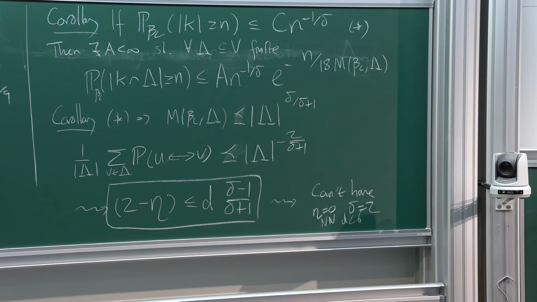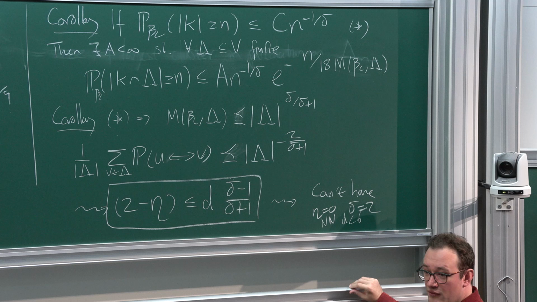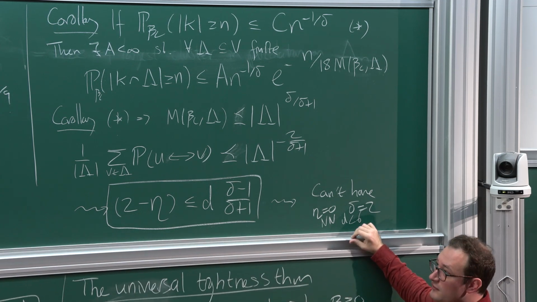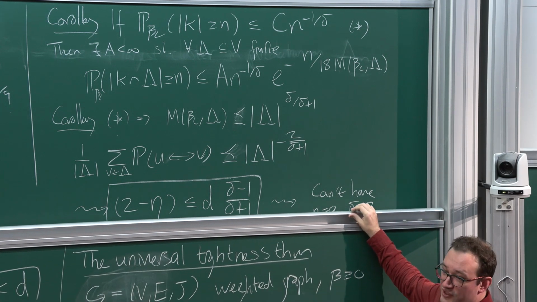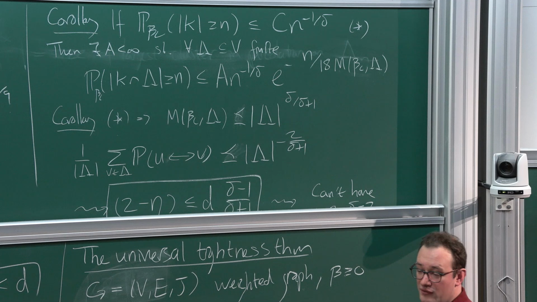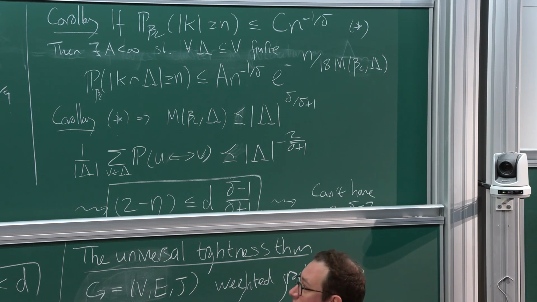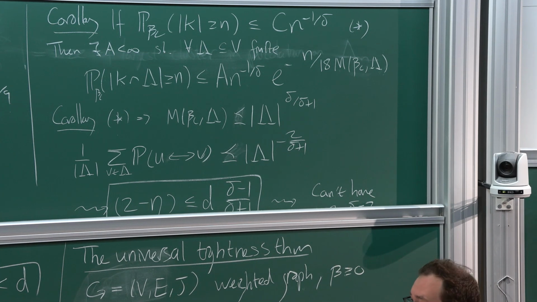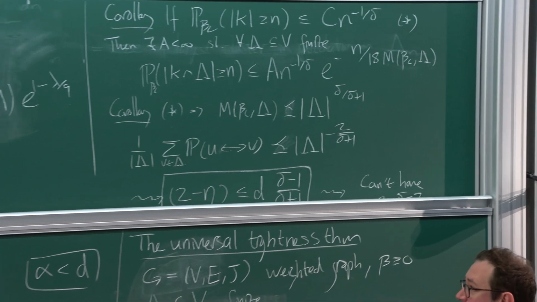Okay, so I'm a little lost about the strength of this theorem. Yeah. So you have a weighted graph. Yeah. The J's of course play a role. But here the weights play no role at all. Yeah, well, they change the distribution. Yeah, but the bounds don't feel that. They don't feel that.